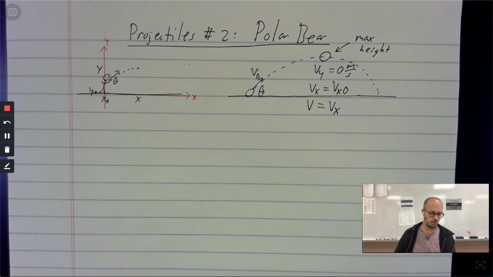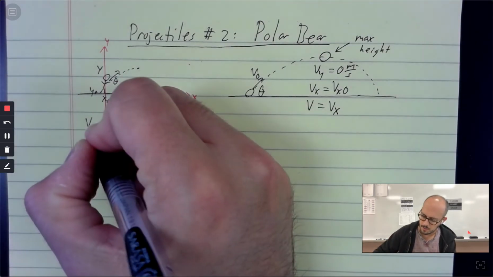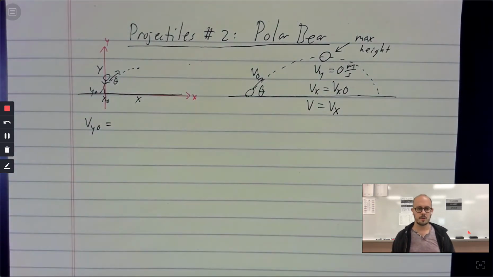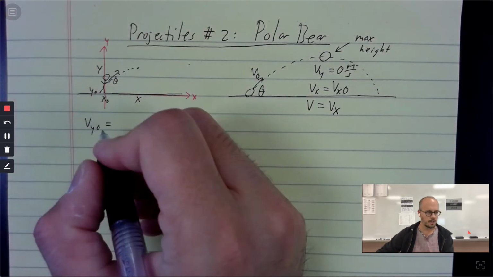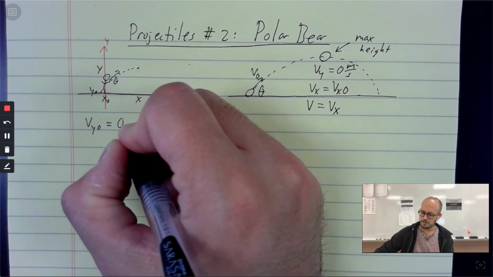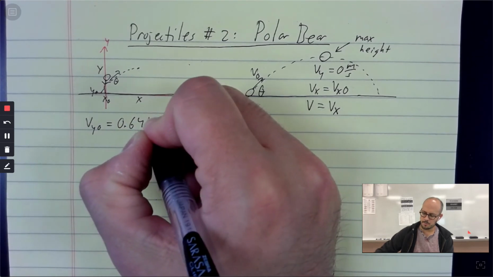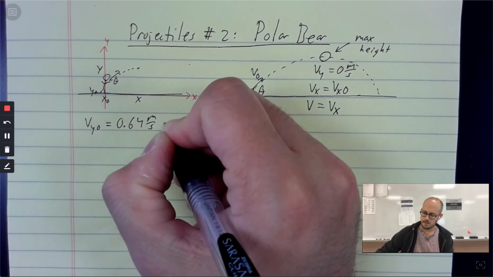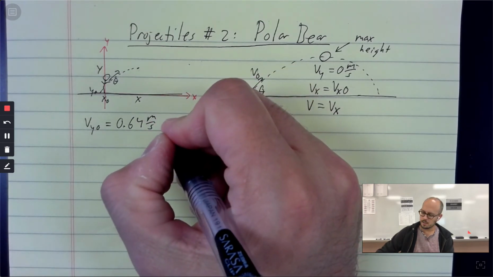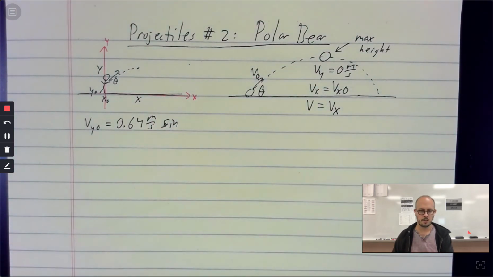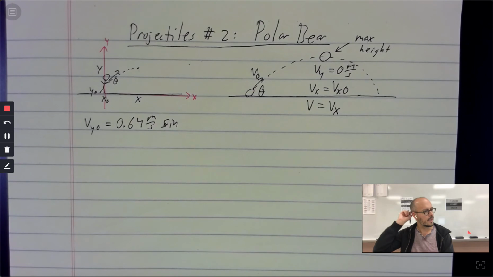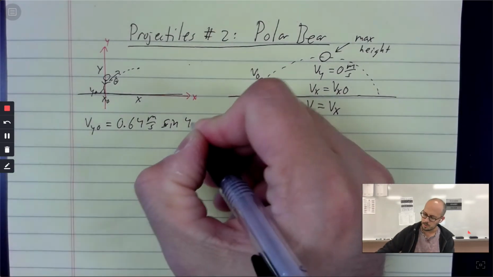Okay, so as far as the polar bear is concerned, we want to do a little bit of trig, and the convenient thing about this is that we don't need to worry about the horizontal direction. The polar bear leaps with a really small speed, 0.64 meters per second. The vertical component of that speed would be that number times the sine of 45 degrees.